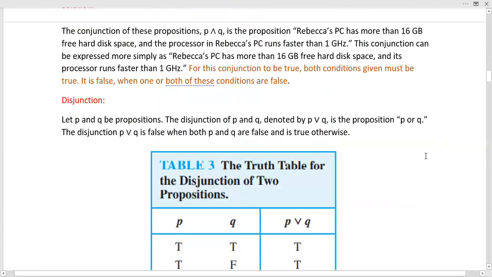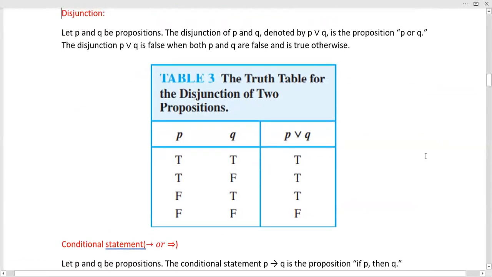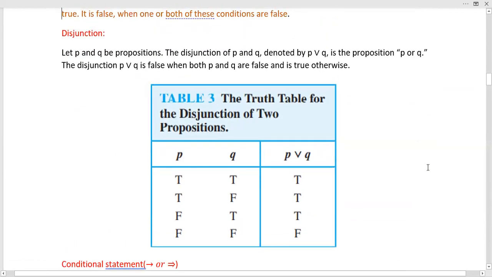Very good. Now come to the next one, disjunction. If you combine two statements with OR, which is denoted by this symbol V, then the complete combined statement is called disjunction.